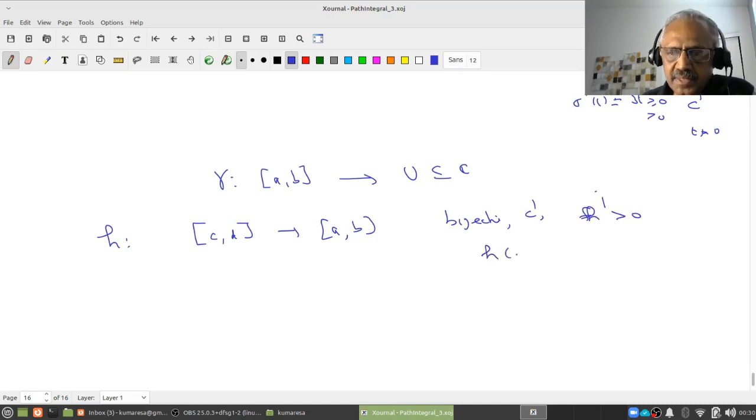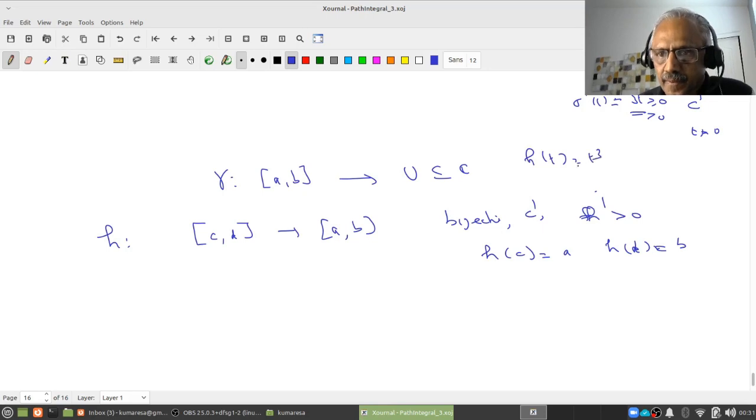So that means h of c must be a and h of d must be b. You follow all these things? For example, the earlier one, sigma of t, the parameterization was t going to t cubed. This almost does it, except at t equal to 0. This is a parameterization.